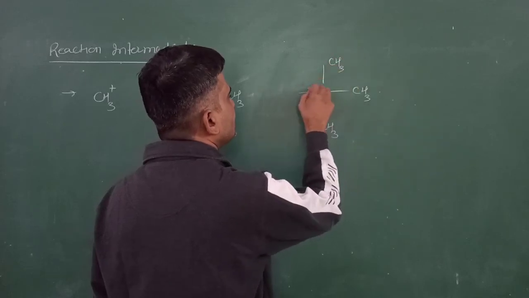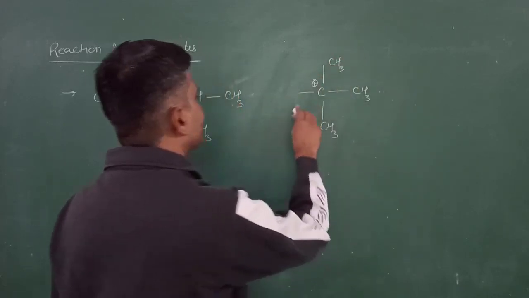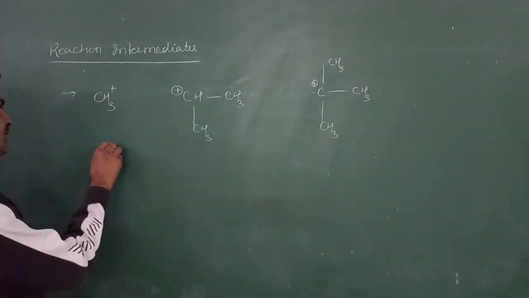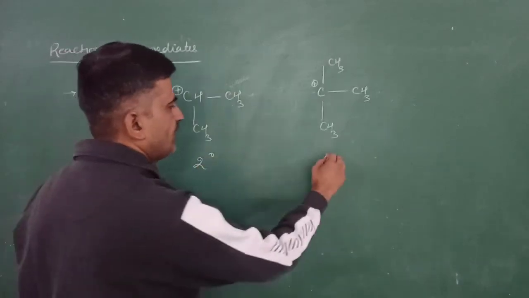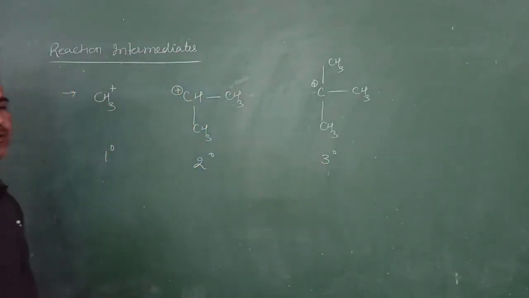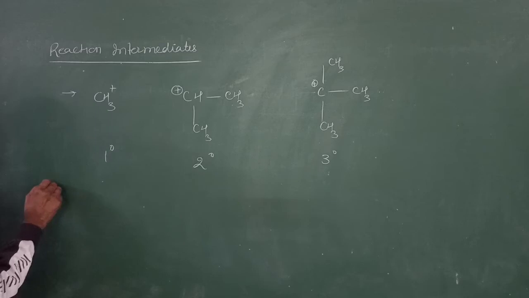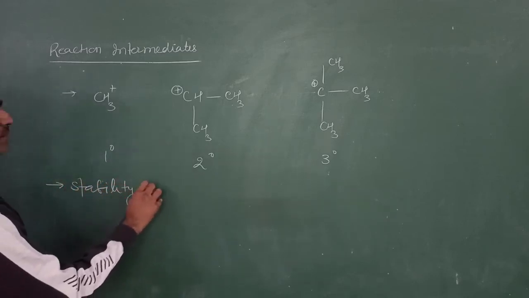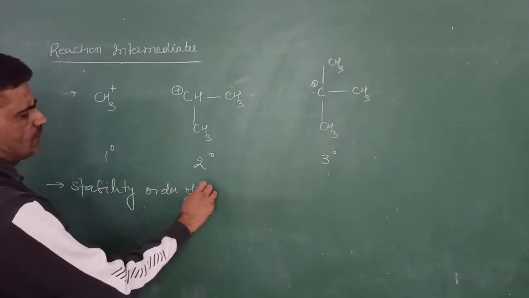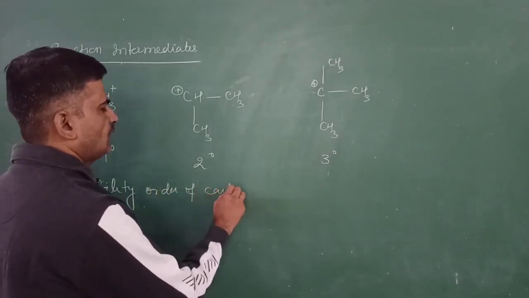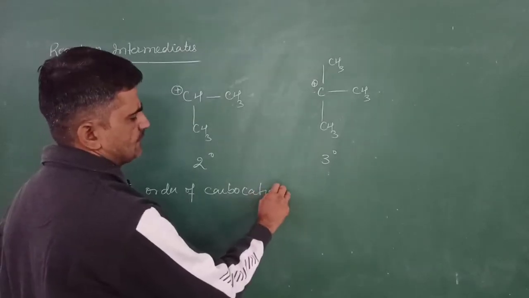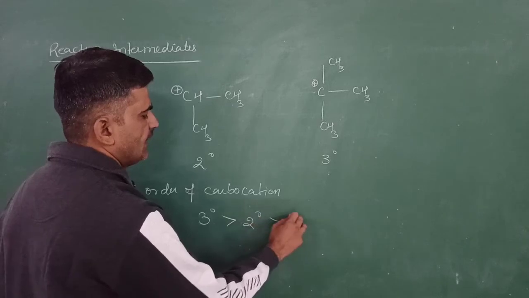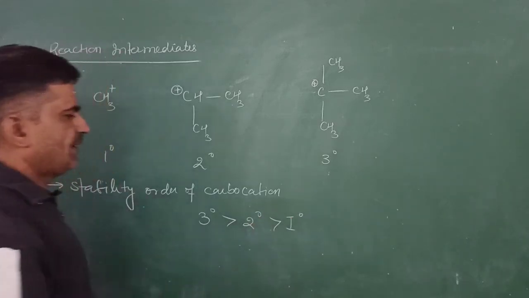And the stability order of carbocation is: tertiary is more stable than secondary, and secondary more stable than primary.